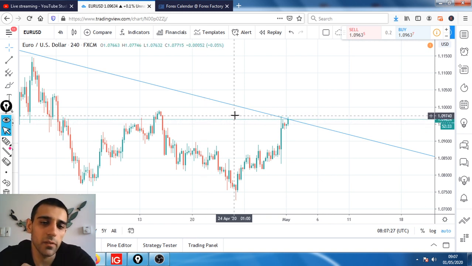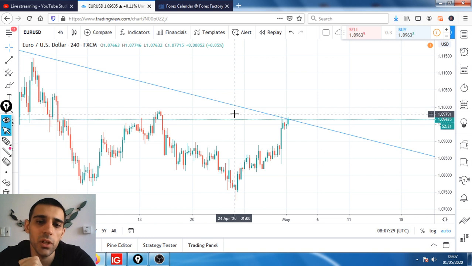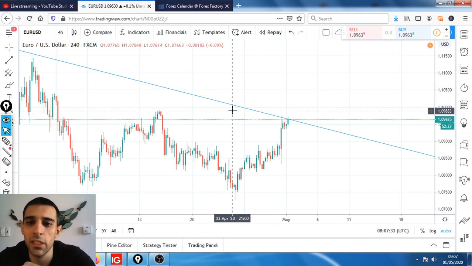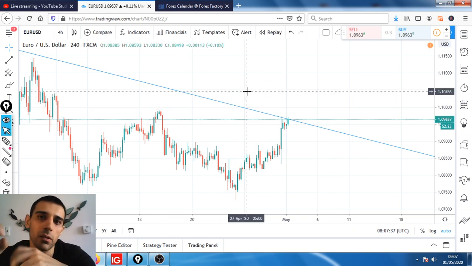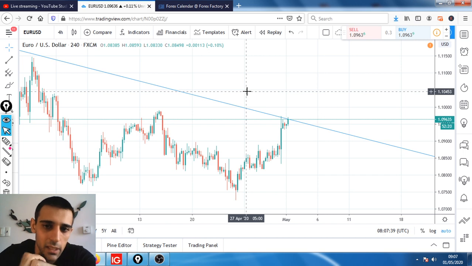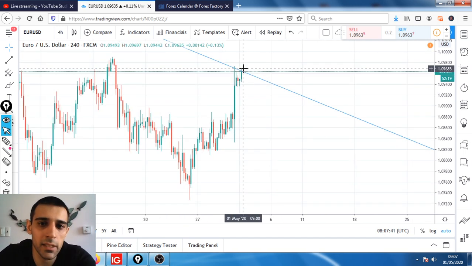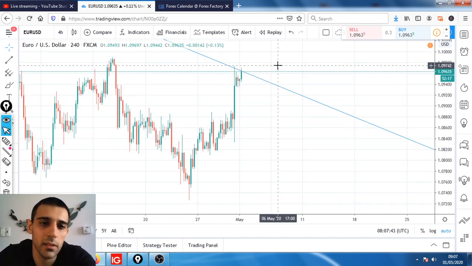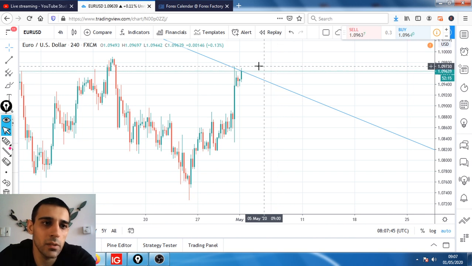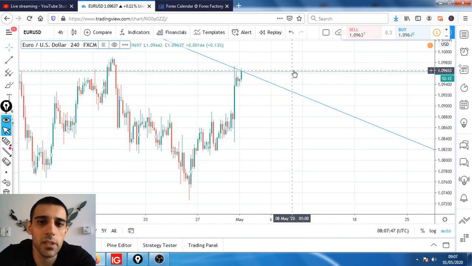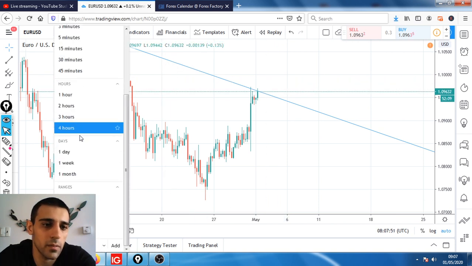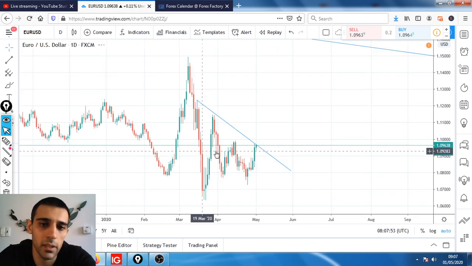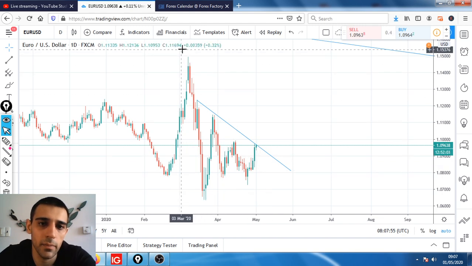If you like to wait for the confirmation and then jump into the trade after that, or you're a bit more aggressive and like to get onto the trade before that breakout confirmation happens. In my case, it depends, and yes, it does make me want to trade towards the upside rather than the downside, even though we have this on the daily time frame.